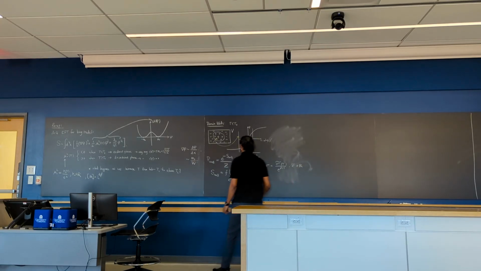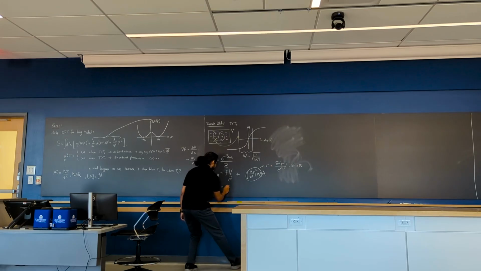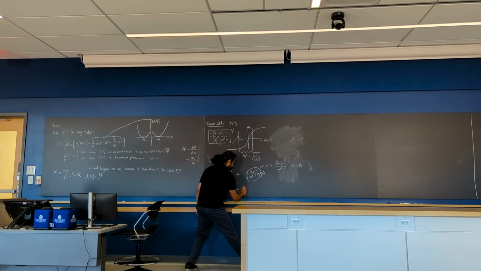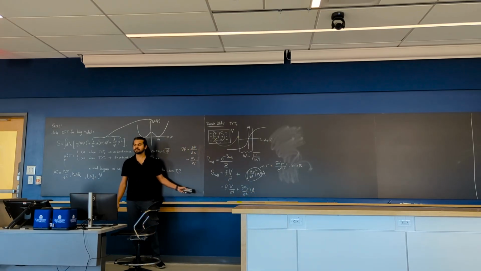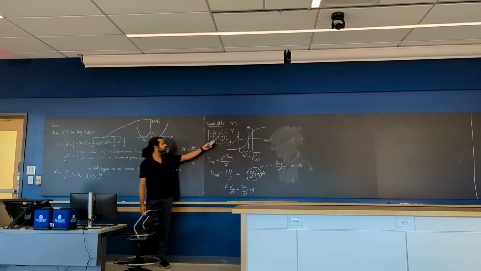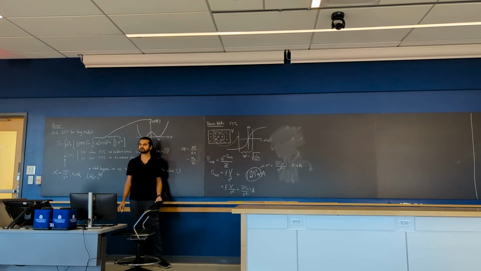So overall, we have f v by epsilon d plus sigma tilde of t by epsilon d minus 1 times A. That's the estimate for the action for having one wall, right?